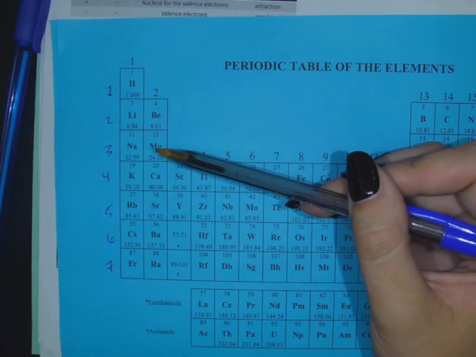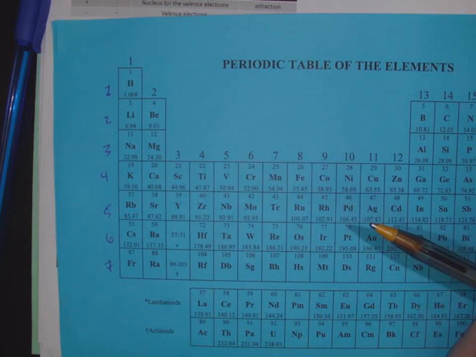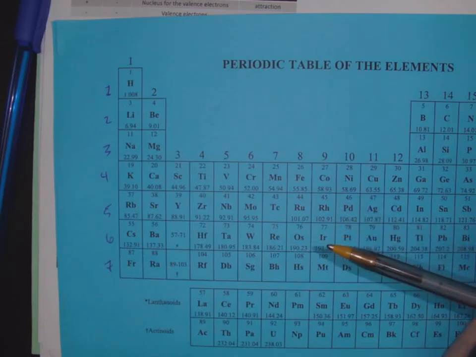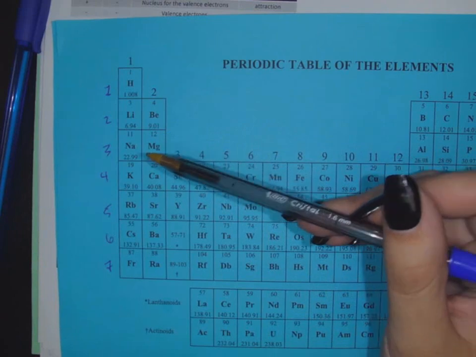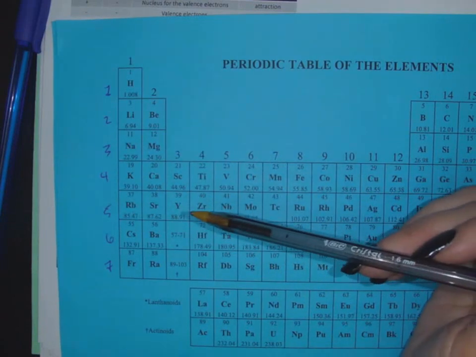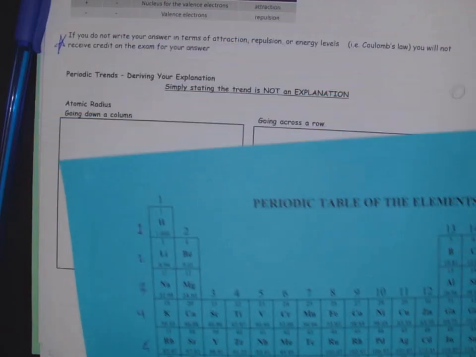So this additional shell makes the radius bigger. And that's what I would talk about when describing atomic radius going down the group. I would say how many electron shells each of those atoms have, and then denote that the greater amount of shells results in a larger atomic radius.